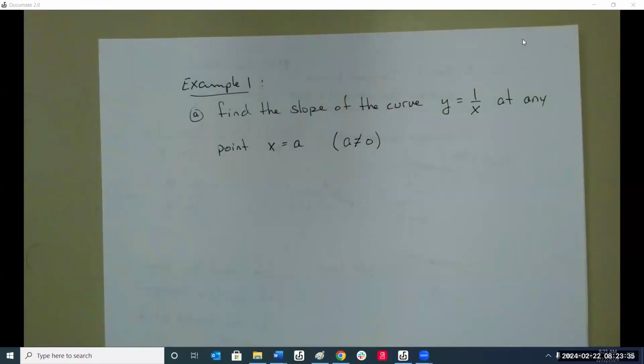Why can a not equal 0? Yeah, because if 0 is on the bottom, it's undefined. What does that slope look like if it's undefined?